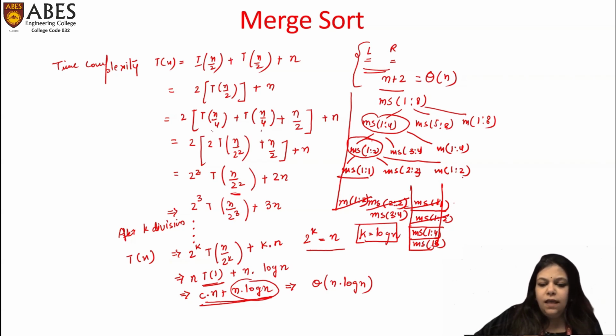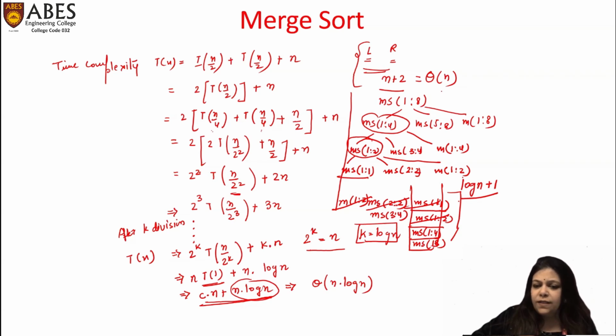So we can see here that the maximum number of activation records formed will not be more than log n plus 1, right?